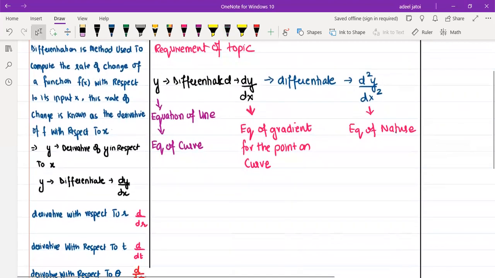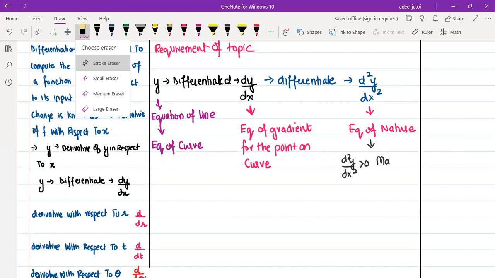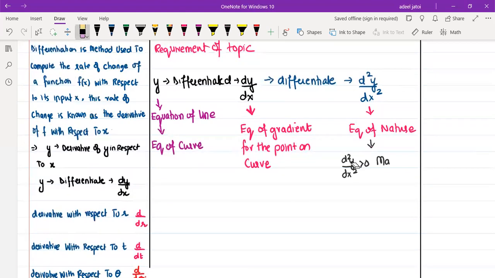The equation of nature basically tells me that if d2y upon dx square is greater than 0, then the curve is minimum.